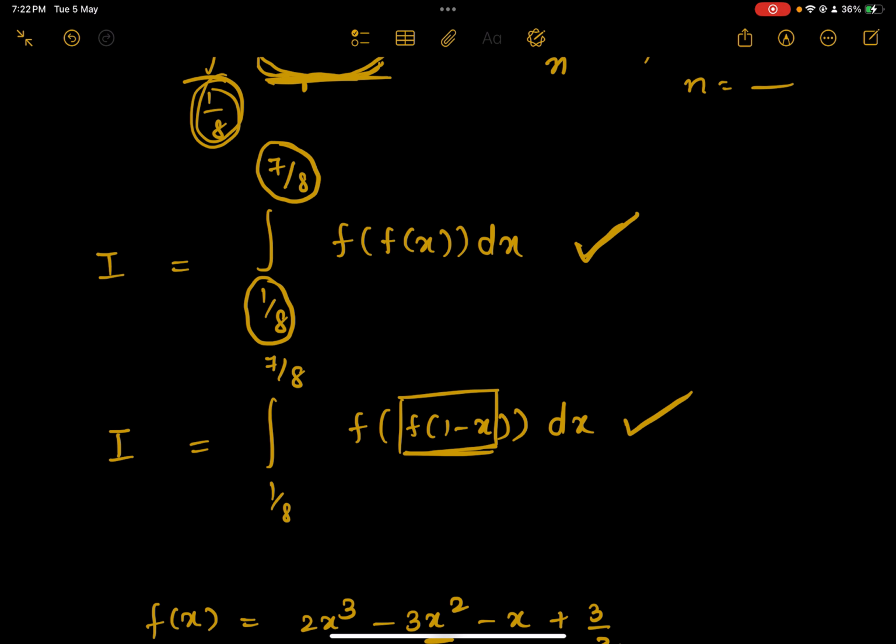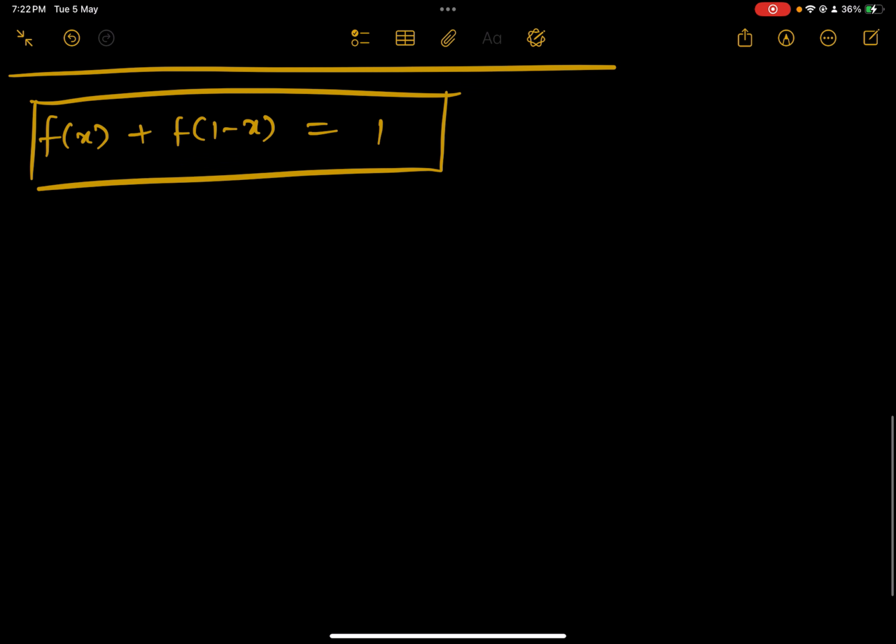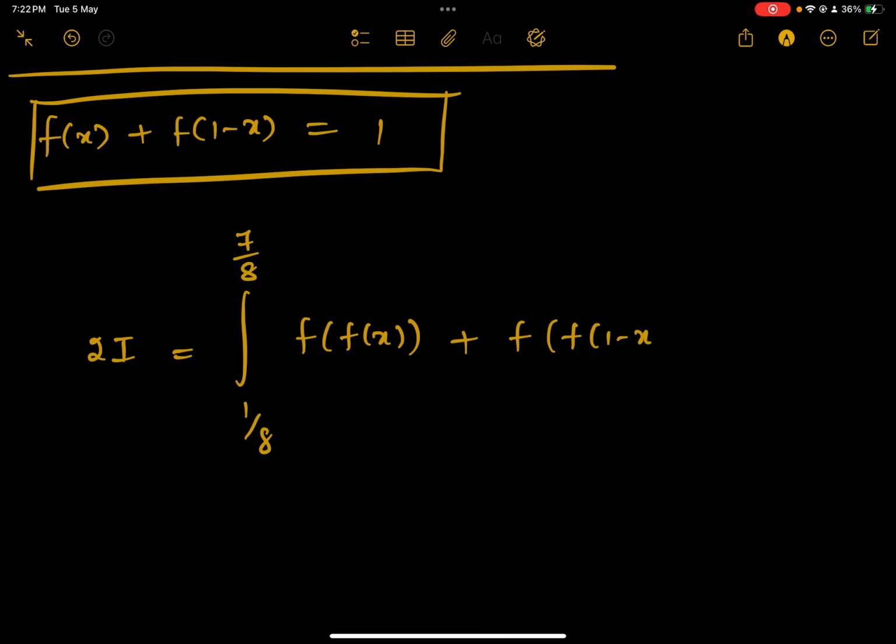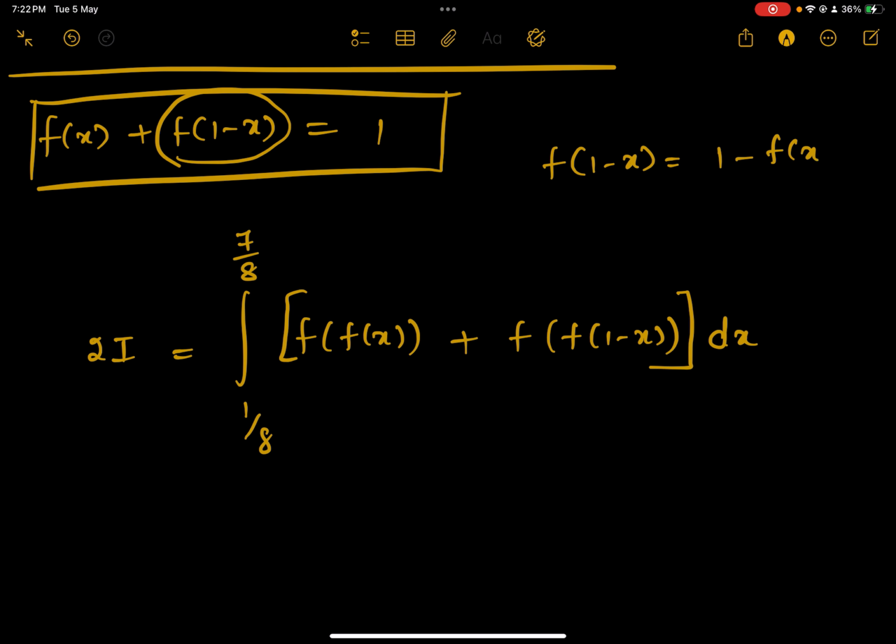Now add these two integrals, then you will get 2I is equal to the integral from 1 upon 8 to 7 upon 8 of f of x plus f of 1 minus x dx. So this is what we have. Now we know f of 1 minus x can be written as 1 minus f of x.